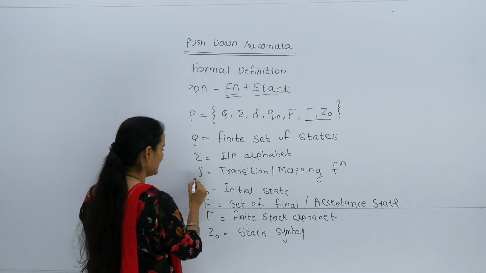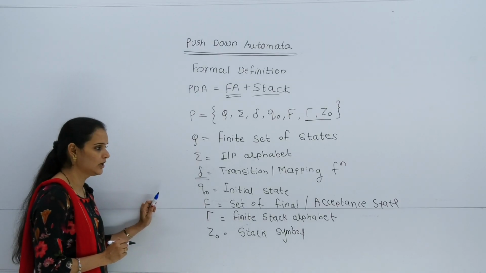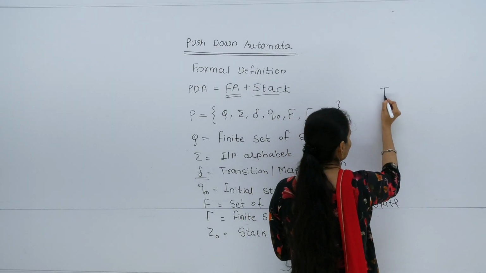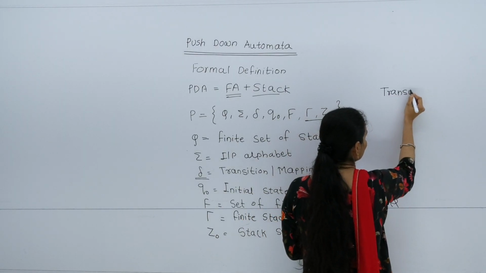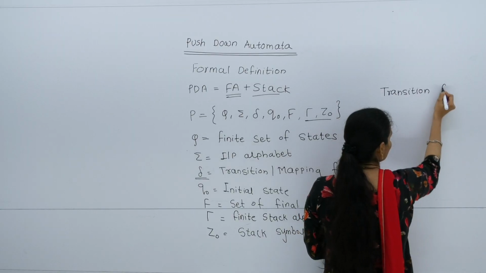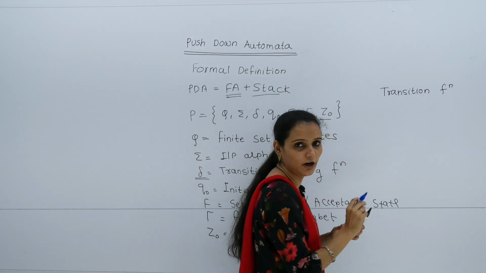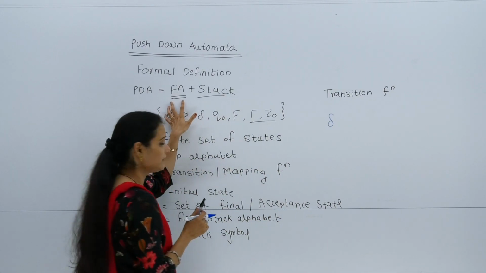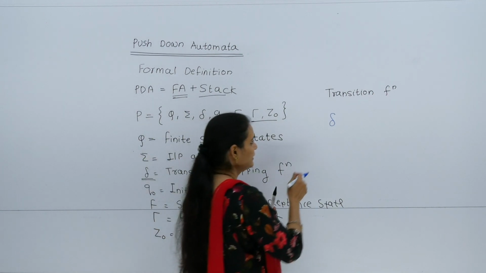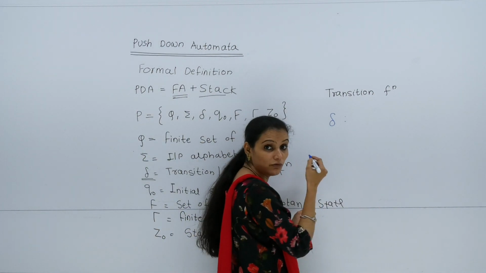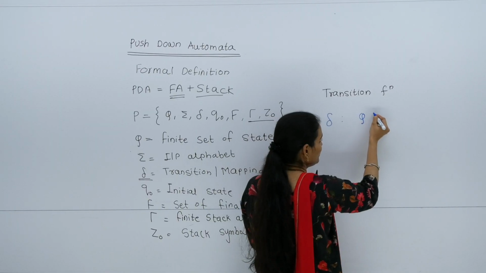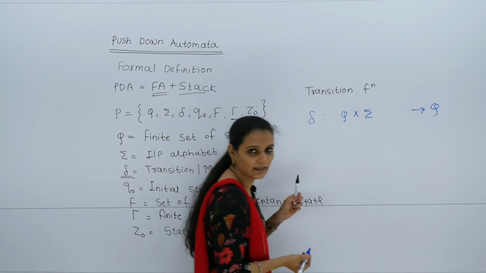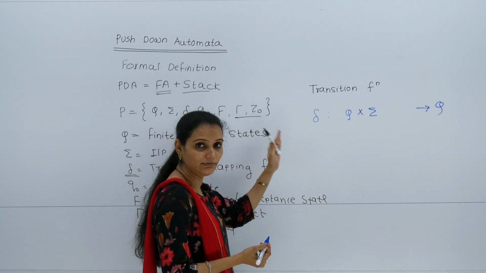So here we can talk about the transition function or the mapping function. So see here students, transition function or mapping function is nothing but delta. If we studied the finite automata's transition function, you know the transition function of finite automata is Q into sigma, it gives Q. Okay, so that is the transition function of finite automata.